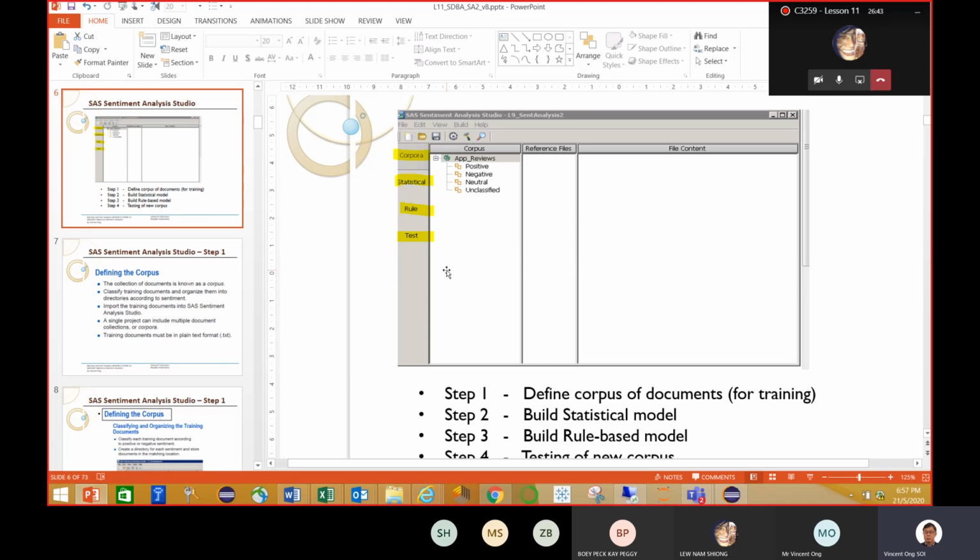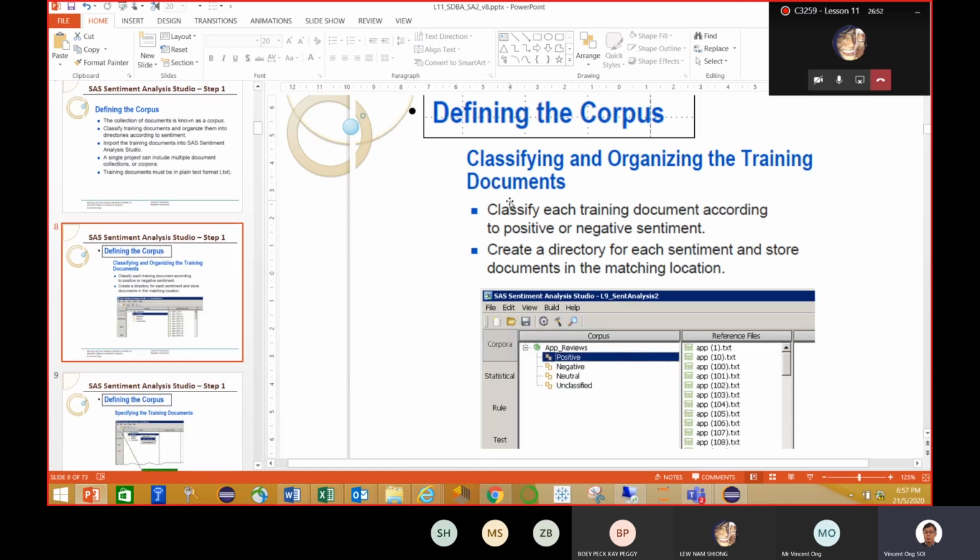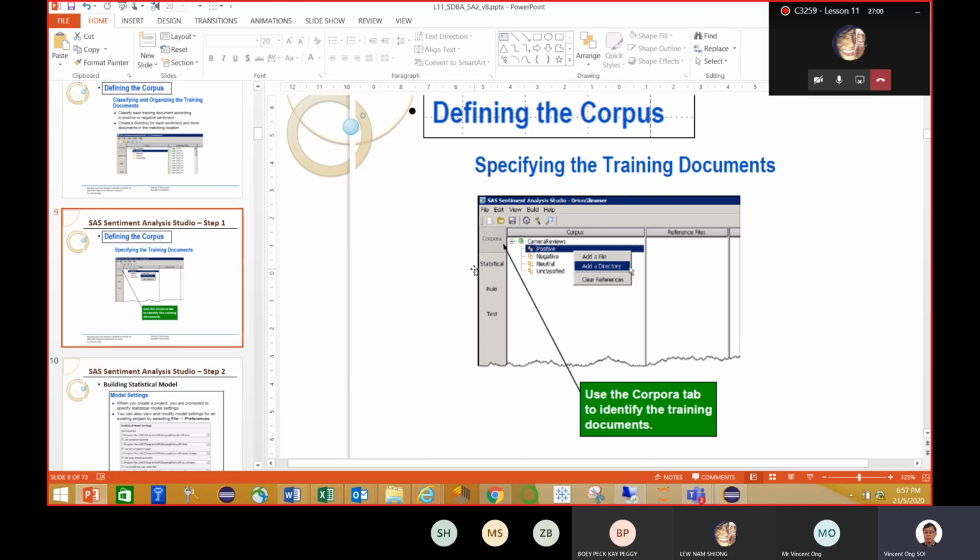So it's not just for training, but for validation as well. The system will do this automatically. I will explain along the way. You classify each training document according to policy, then put them into here, as mentioned before.